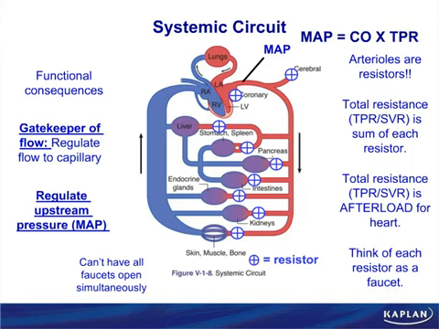Can't have all these faucets open simultaneously. And that is such a key, important construct. So, pressure, flow, resistance. Arterioles are the resistors. Two functional consequences. This regulates grocery delivery and it impacts upstream pressure.